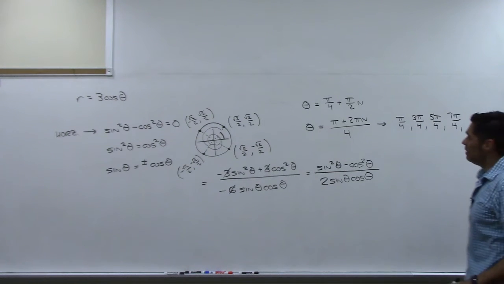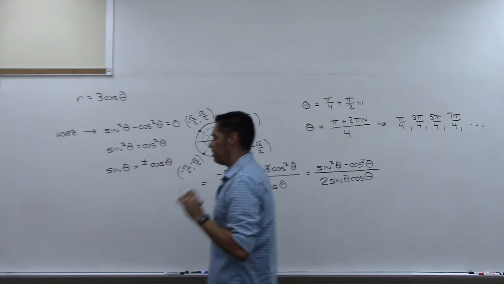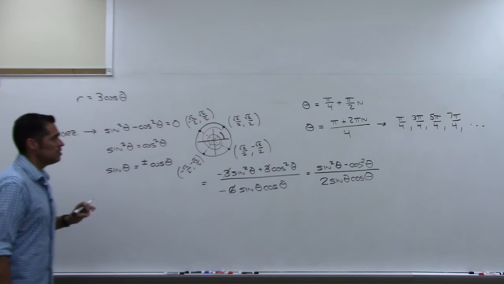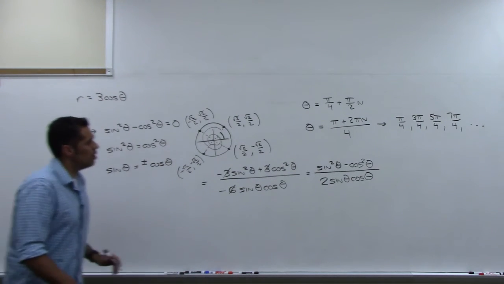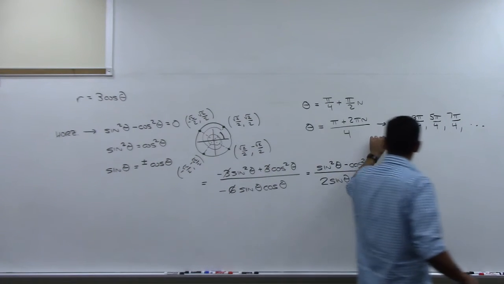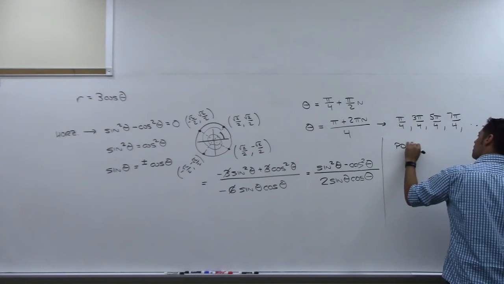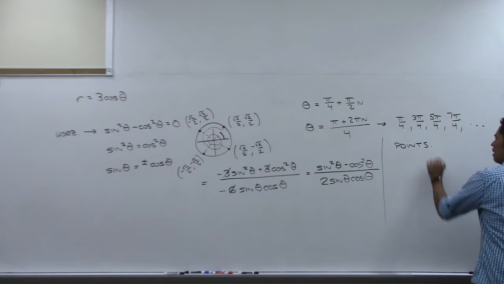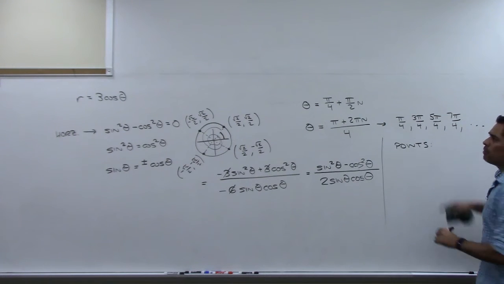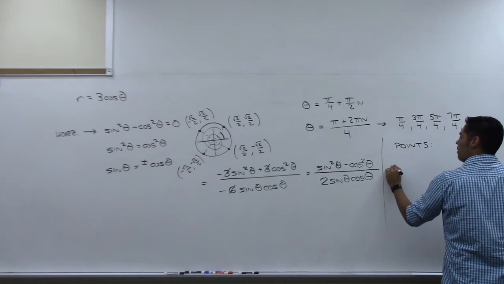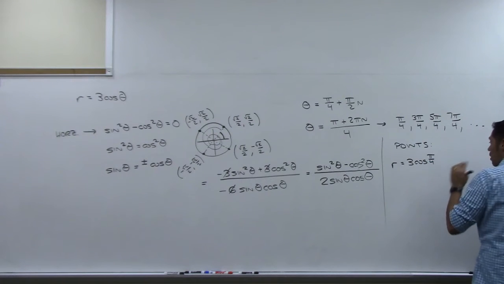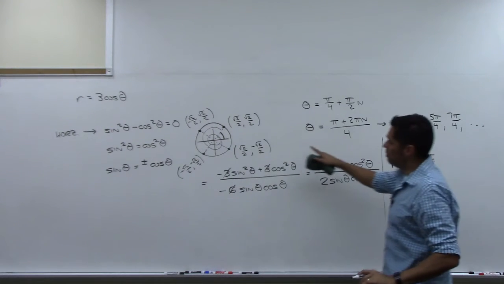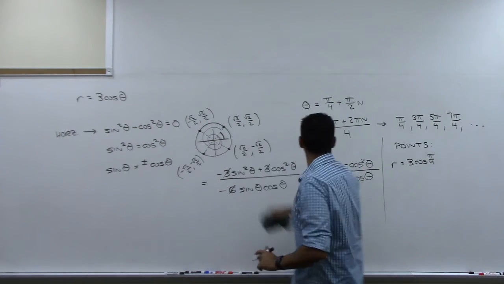And now, to figure out the points where I'm going to have these horizontal tangent lines, I need to plug those values back into the original function of r, or function of theta. So here are my points. Well, plug pi over 4 in. You have r equals 3 cosine of pi over 4. Cosine of pi over 4, we can go back to our unit circle, is root 2 over 2.